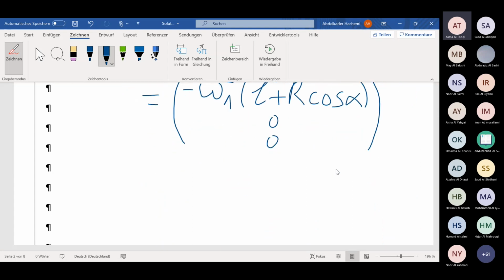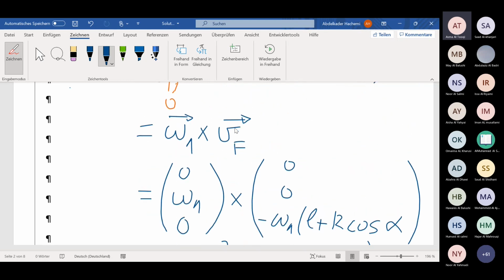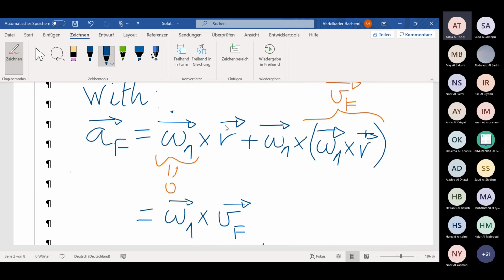Now coming to the relative one, we use also the same expression as before, as this one here, but the relative acceleration belongs to the relative coordinate system.